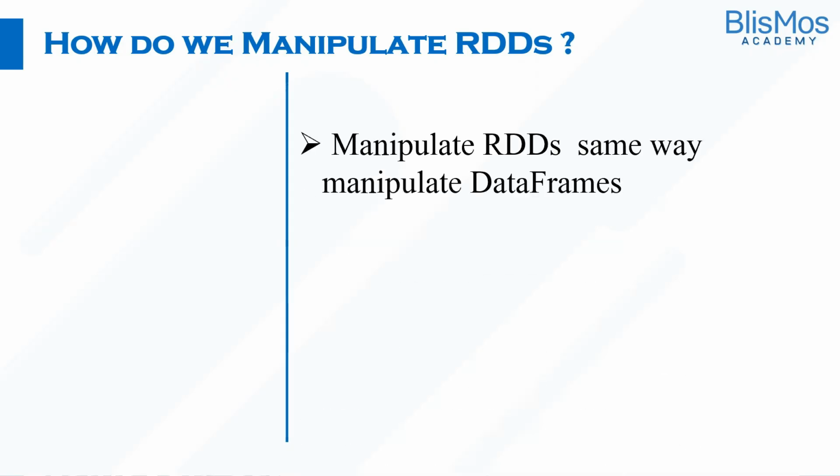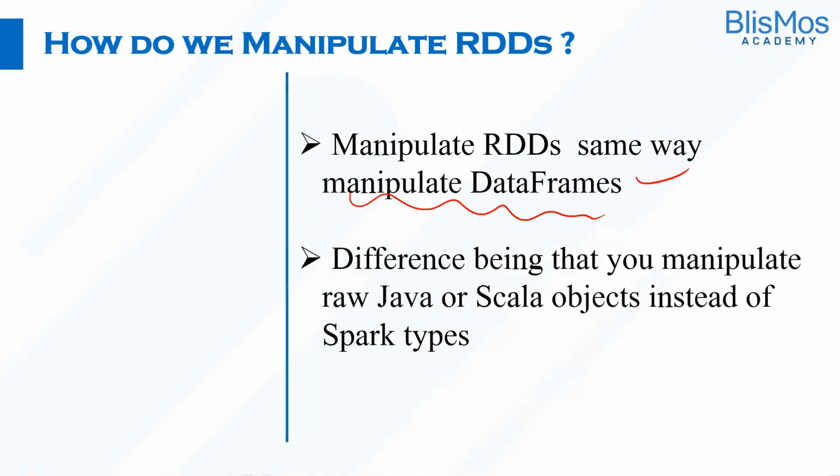We manipulate the RDDs in the same way as we manipulate the data frames. The only difference is that in the case of data frames, we are manipulating the Spark types.